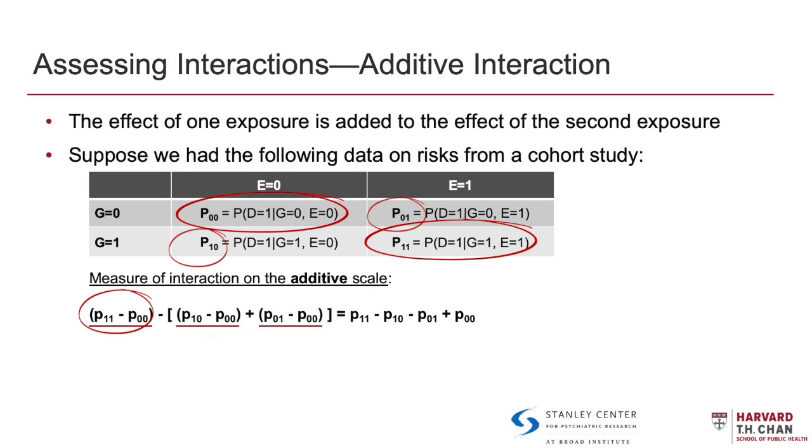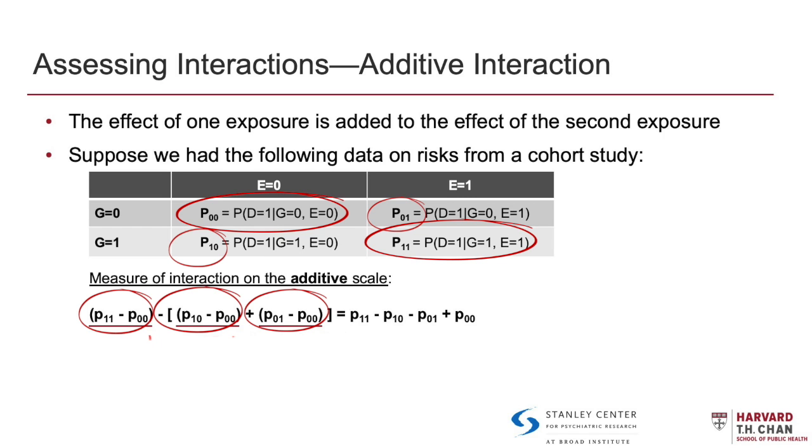So we're subtracting P11 minus P00, P10 minus P00, P01 minus P00. All we're doing is subtracting each from the underlying risk. This gives us the measure of interaction on the additive scale.